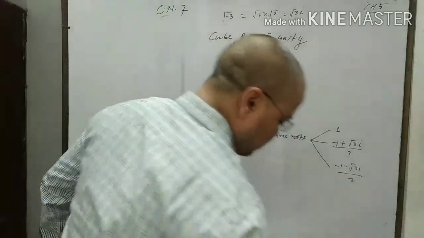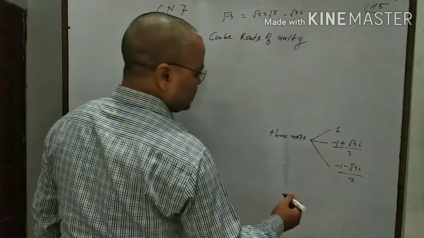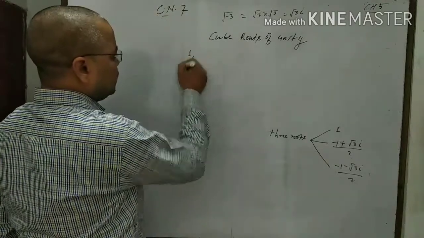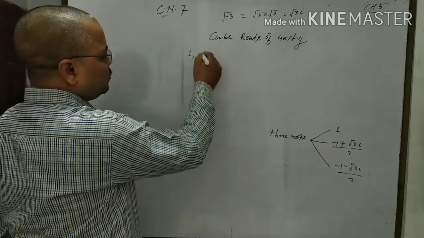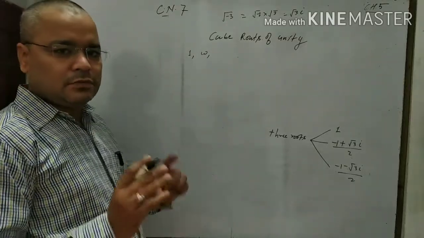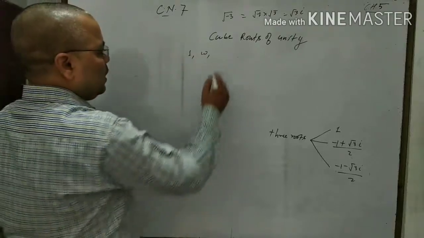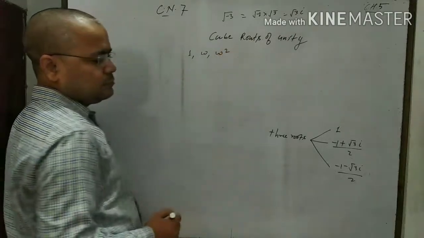So for our convenience, we imagine that the first root is 1, the second root is omega. This symbol is called omega, and the third is omega square.